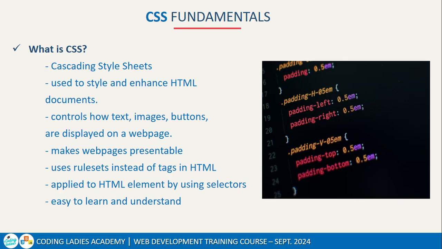So it's aligning the content. When you run this in the web, you're going to see that the welcome to coding ladies is being centered, so it's being aligned centrally. You could see how it's being done. So the text-align, then colon, then center, then we have the semicolon.